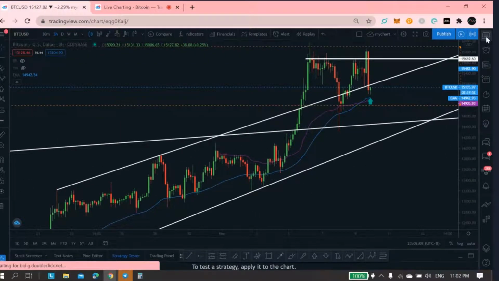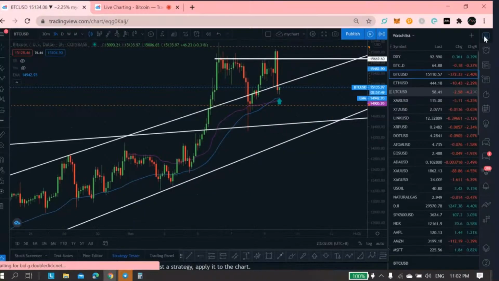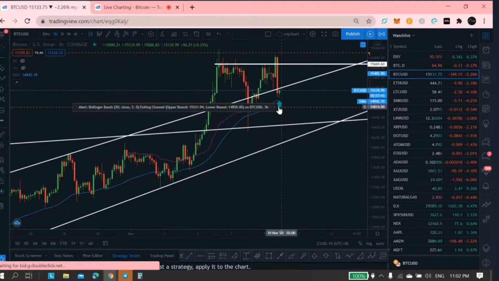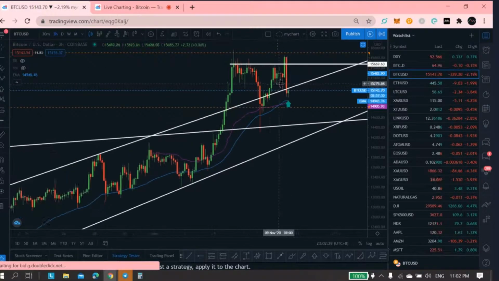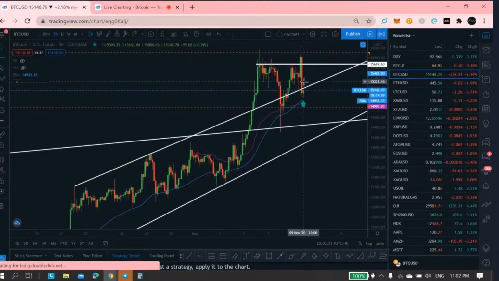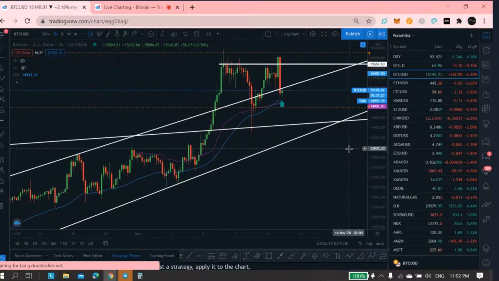Seems like it's just close to my alert, and yeah, let's see. I think it will go back to this area. It will break out this resistance and possibly become the support. So let's see. Maybe in 5 minutes.